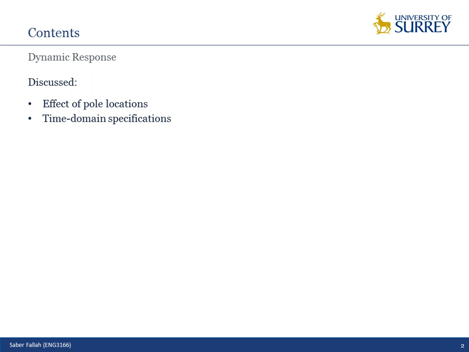Last week, I talked about two concepts. The first one was the effect of the pole location, how the change of the location of a pole or a complex conjugate pole affects the time domain response of a dynamic linear system. And also we talked about time domain specifications, how we can justify the time domain response of a dynamic system.